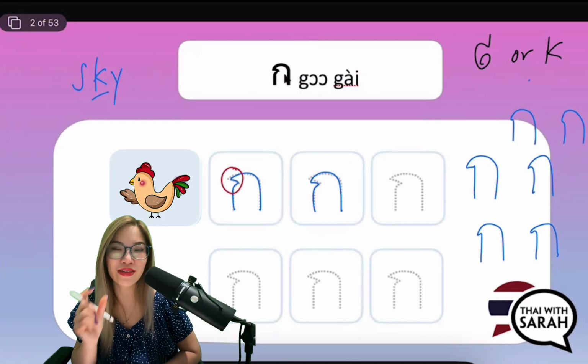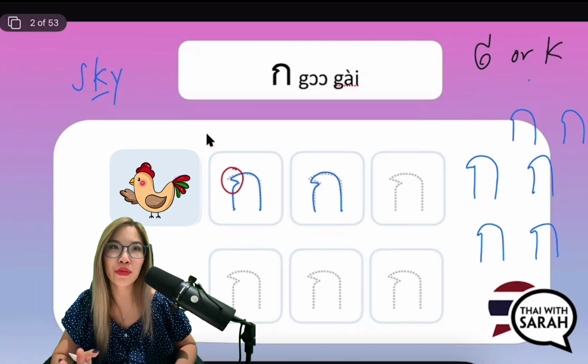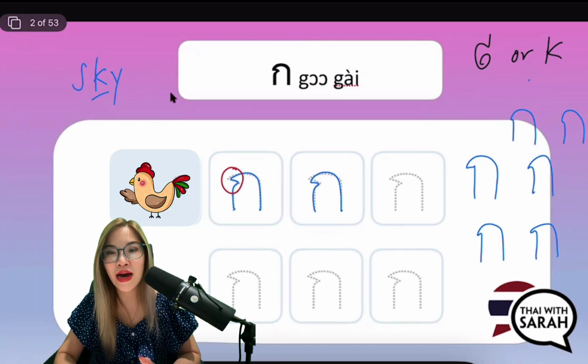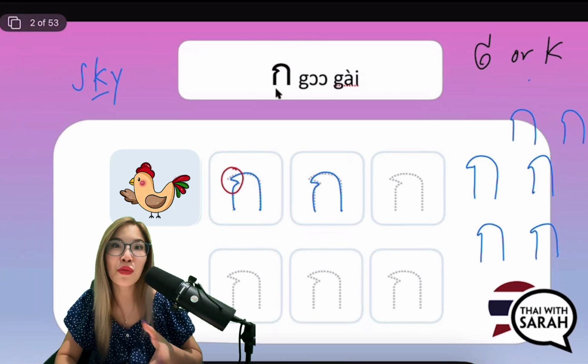Gai is g, so that way it will be helpful for you. Initially, when you first start, I would love for you to focus more on how the consonant sounds rather than what the name of the consonant is.